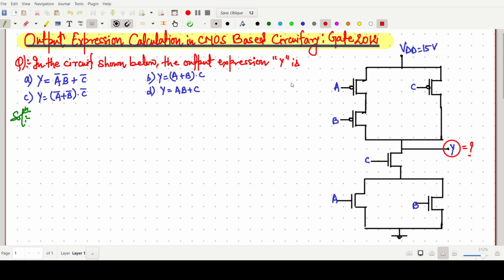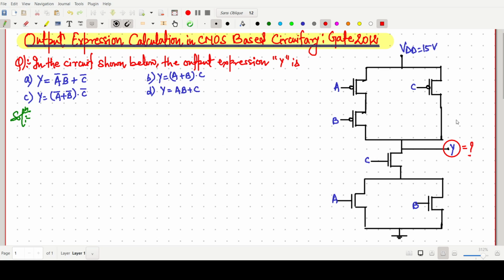This one is a CMOS structure. In this case, we have to know some basic concepts. This type of structure has an equal number of PMOS transistors and NMOS transistors.